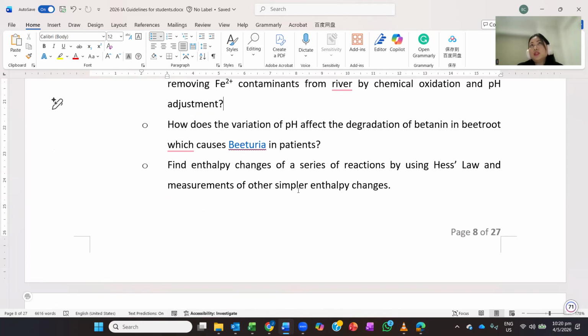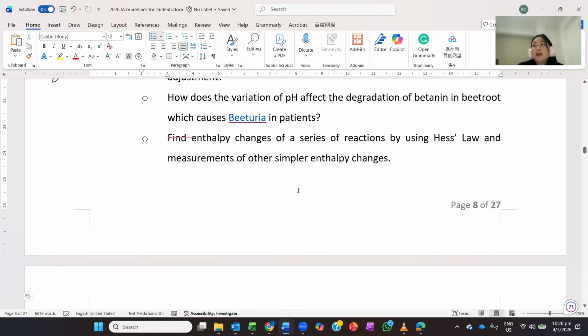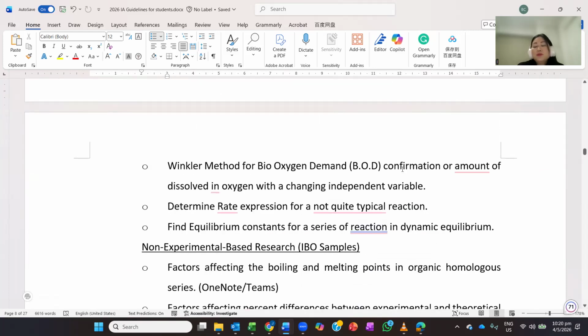So you adjust the pH and see how the chemicals degrade, and you measure the remaining amount of the chemicals. Okay, you can also find enthalpy change, find out how much heat is given out during the reaction as you carry out an enthalpy change of reaction. You can also find out dissolved oxygen in water under different conditions. You can also carry out an experiment to find out the rate equation.